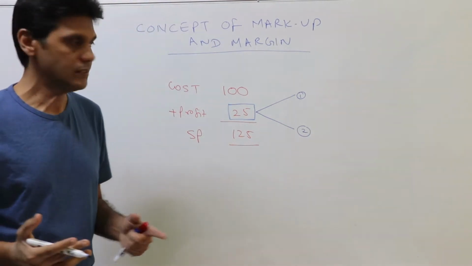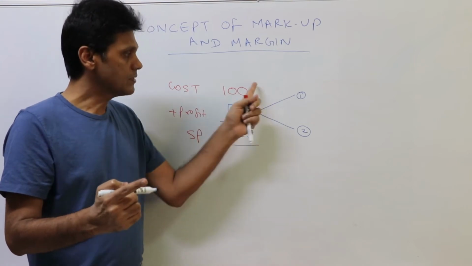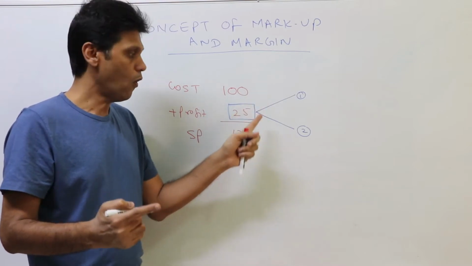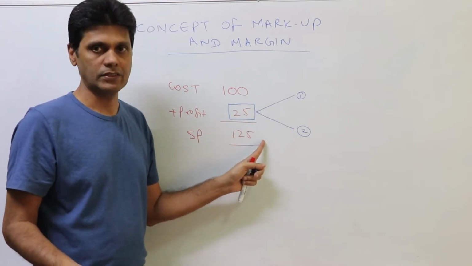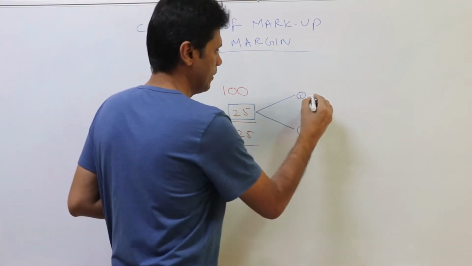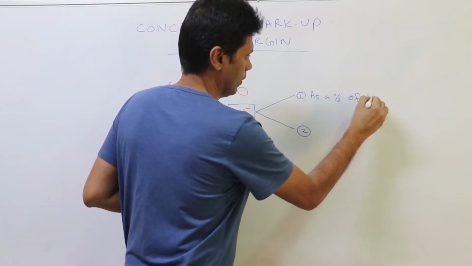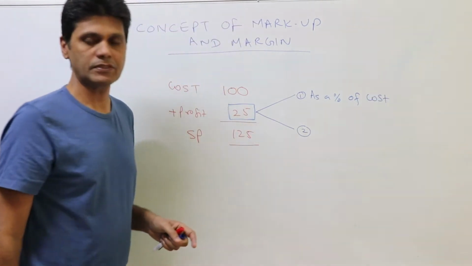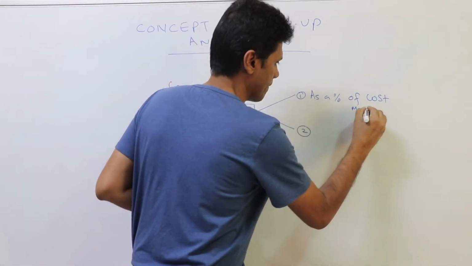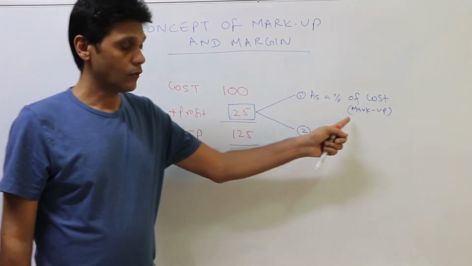What are those two ways? This 25 can be expressed either as a percentage of cost or as a percentage of selling price. Let's take the first method, as a percentage of cost. This way of calculating the profit is known as markup.